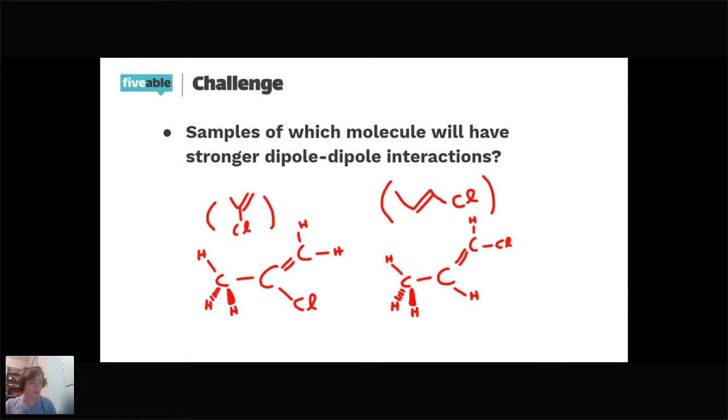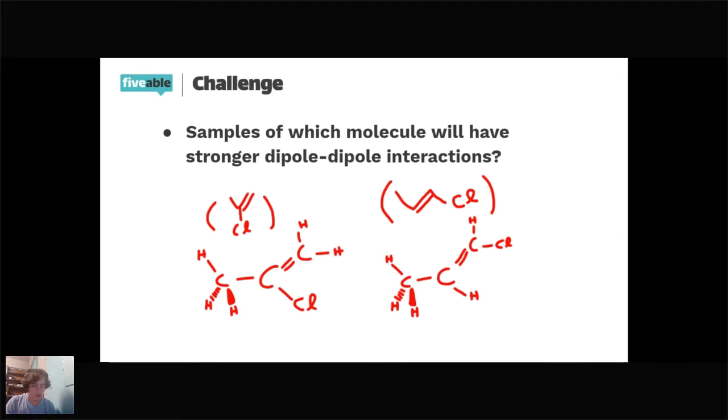I'll build another molecule, actually. That would probably make it a lot easier to visualize. Another one of these 1-chloro-1-propenes.